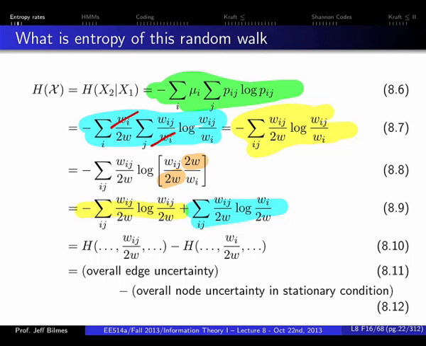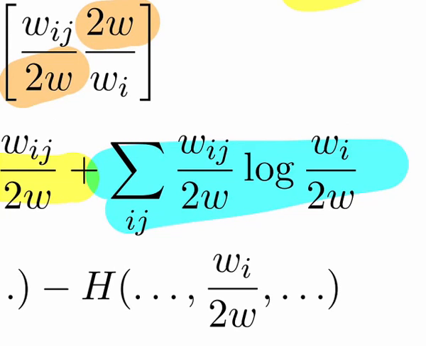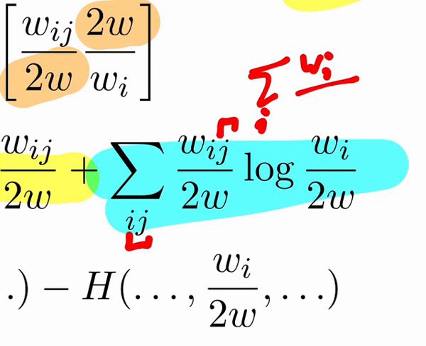But now, what's interesting about this is that they're both probability distributions. So on the one hand, let's zoom in on this second one first. When we take the sum over j here, this whole thing is going to turn into the sum over i of wi over 2w times log.